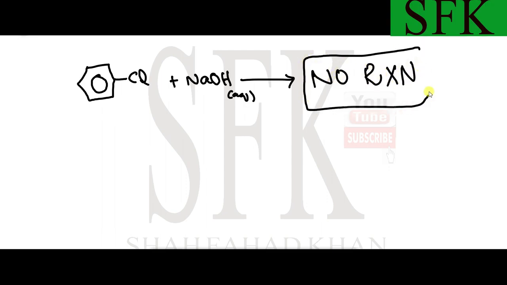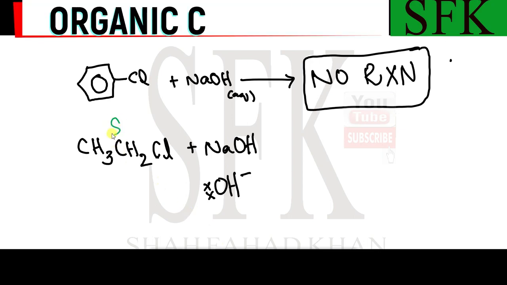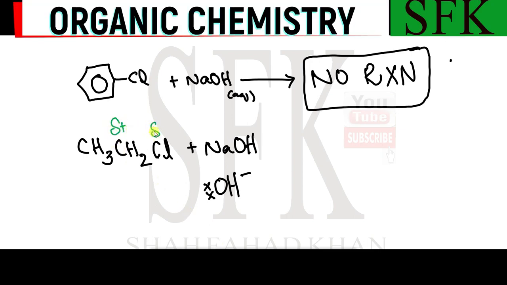No reaction is observed. If we recall AS level, the nucleophilic substitution reaction of alkyl halides, for example, if I have ethyl chloride and it is reacted with NaOH, the NaOH provides the nucleophile, the OH negative. It attacks the carbon atom with the partial positive charge, because of the difference in electronegativity.